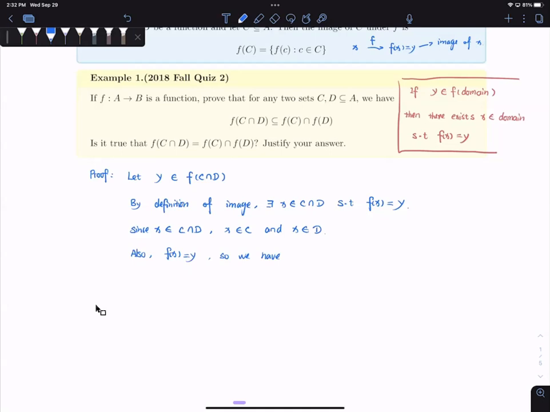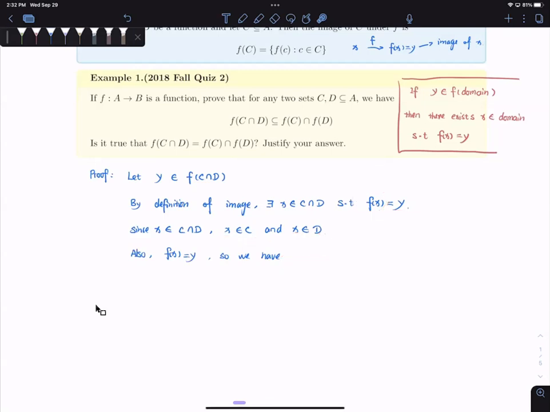f of x equals y, and x is in C, x is in D. So f of x, which is your y, is in what?